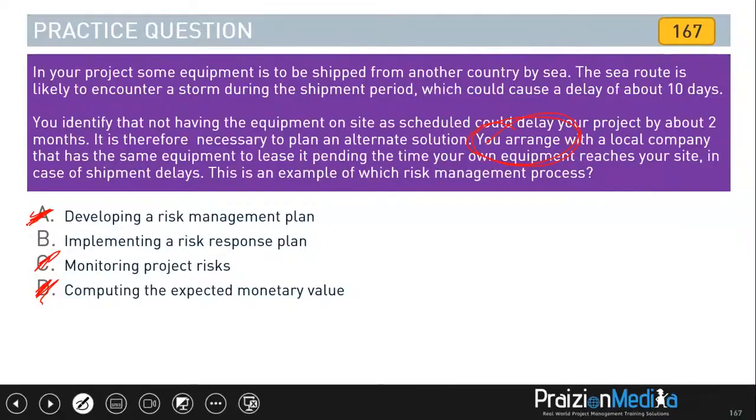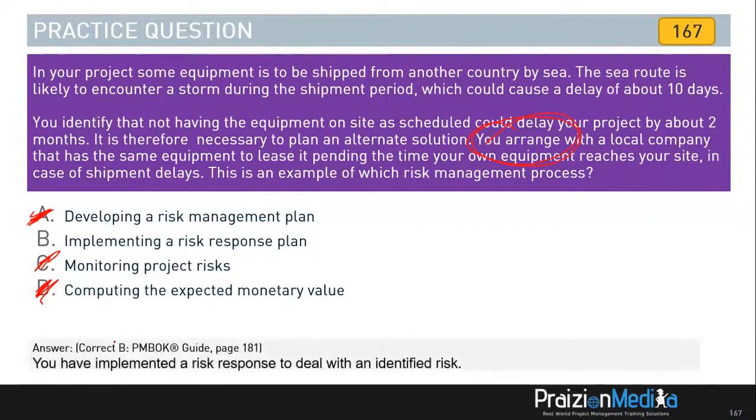So in essence, you are implementing a risk response plan, some sort of mitigation measure. Can't totally avoid it, but you could mitigate it. All right, so your plan B is an alternate solution. Let's move on. So it says you have implemented a risk response to deal with an identified risk, B.